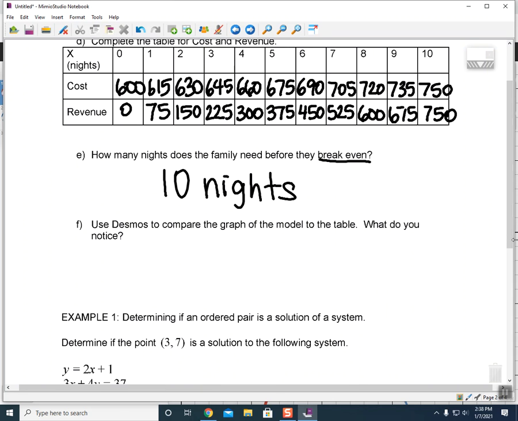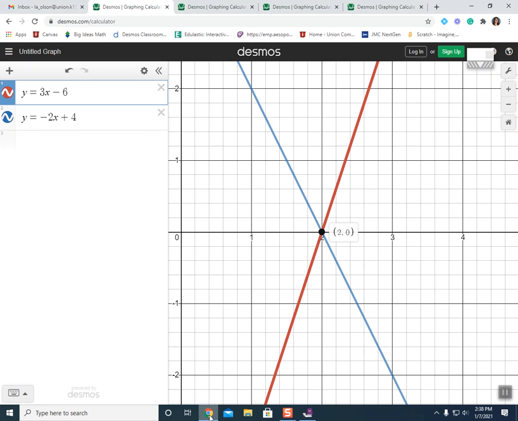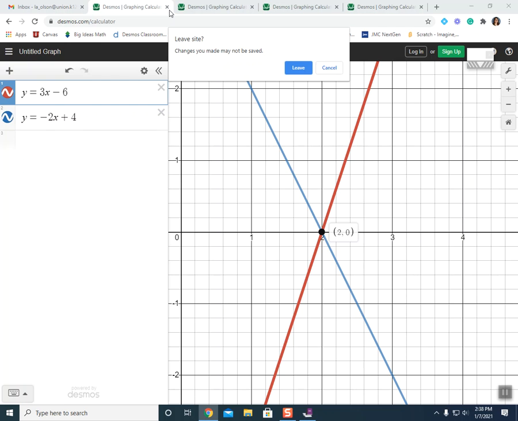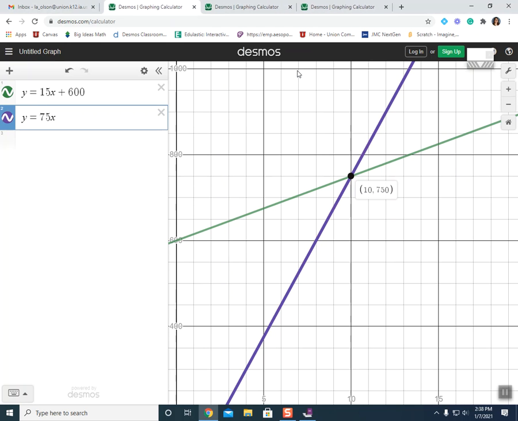So let's look at this on Desmos then. Okay, so here's our graph, right? We said that we broke even after 10 nights, or at $750. And that's where you can see right here, where those two things intersect, at that point.